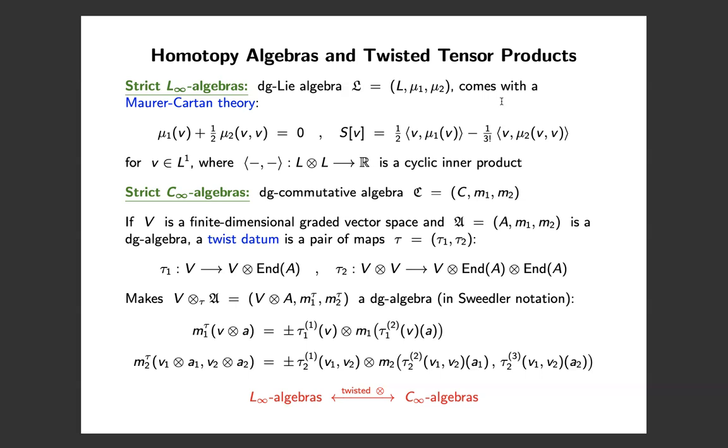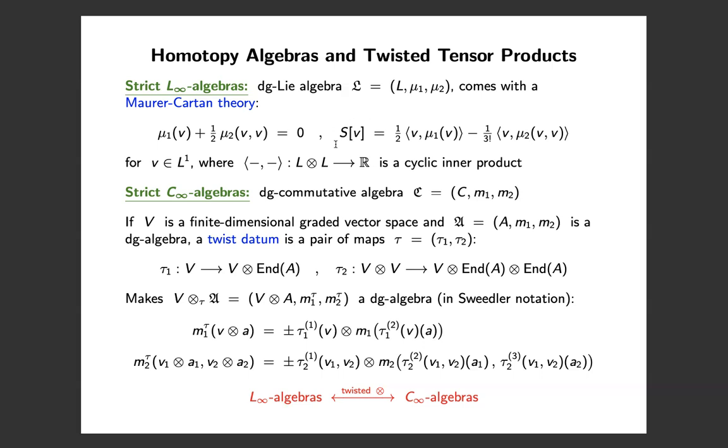So any such theory comes with a Maurer-Cartan theory. The Maurer-Cartan equations on degree 1 elements give you the equations of motion, which I write in this form over here. So these are just the Maurer-Cartan equations of a differential graded Lie algebra, but these are what give the equations of motion of your physical theory. And likewise, if we have a cyclically invariant inner product on this differential graded Lie algebra, we can construct an action functional called the Maurer-Cartan functional using that cyclic inner product.